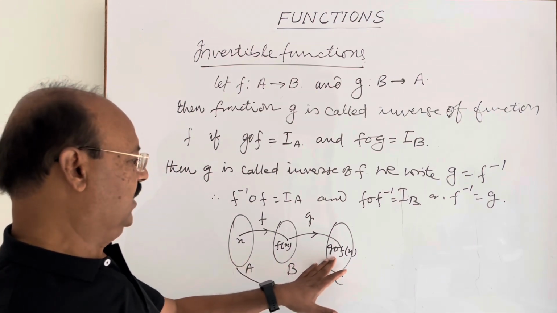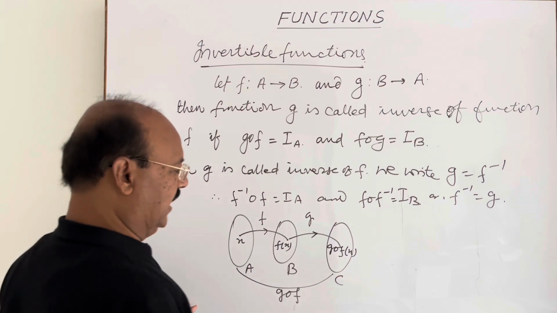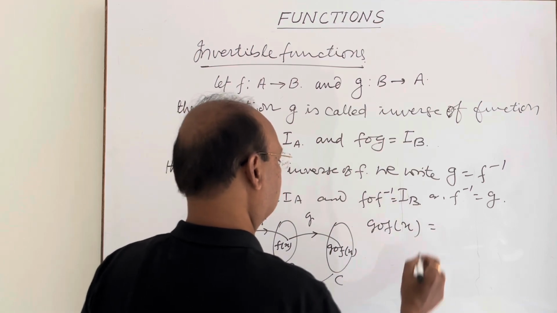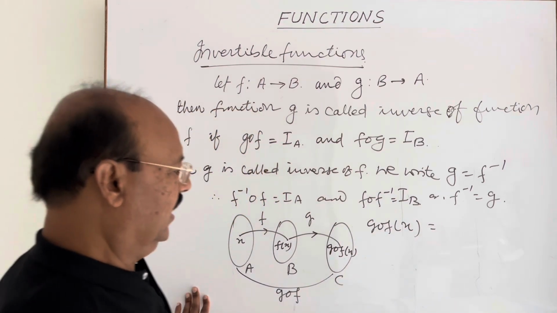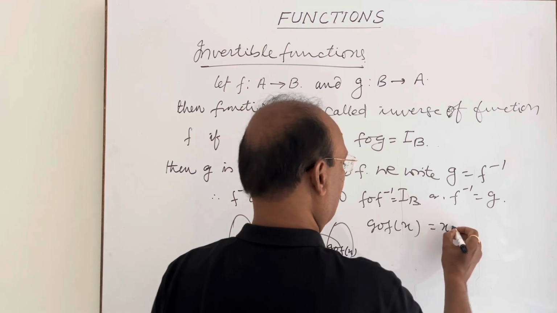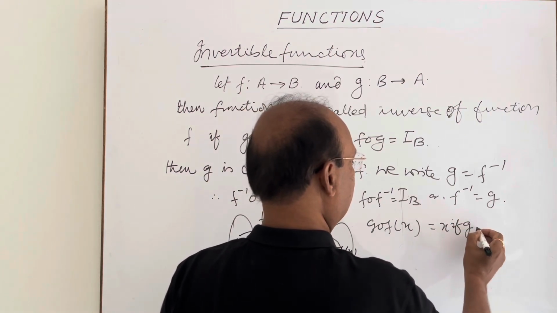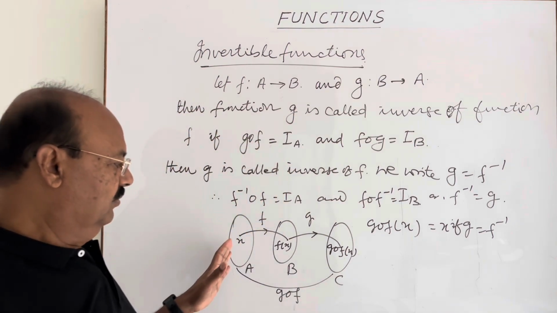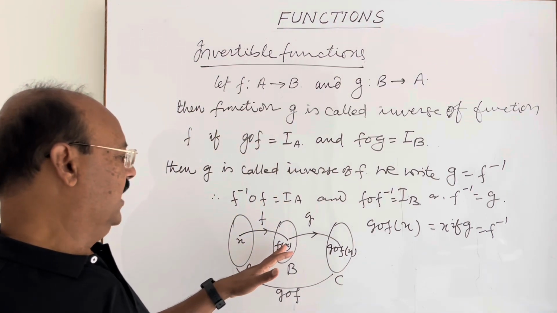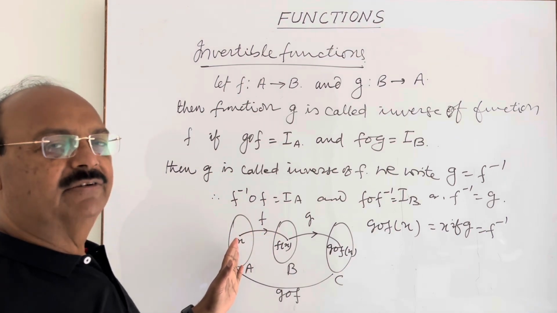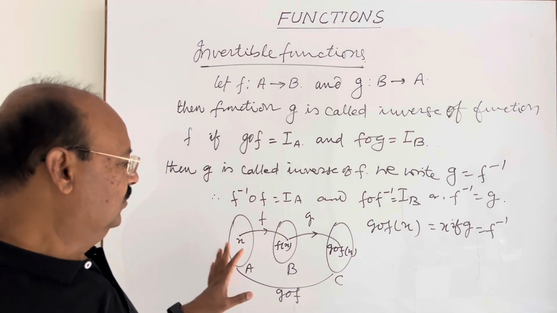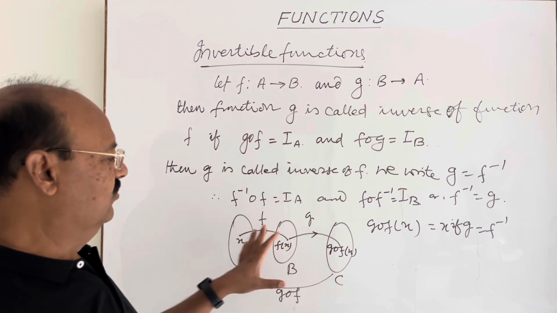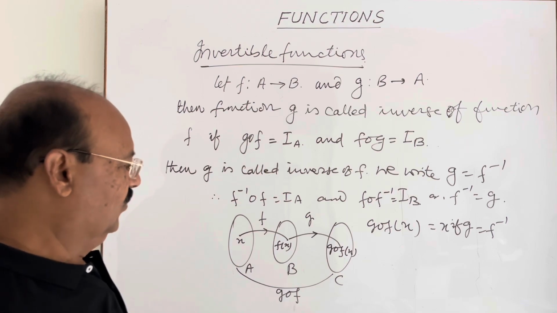So g operation f of x, when you write it here, is equal to x if g is equal to f inverse. When we define f inverse, the direction will be reversed. Correct? So with the help of this diagram, this composition of the function can very easily be defined. Okay.